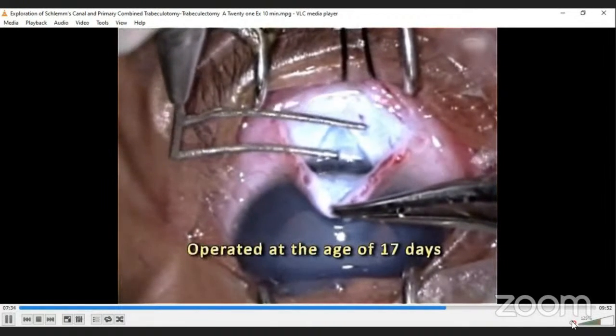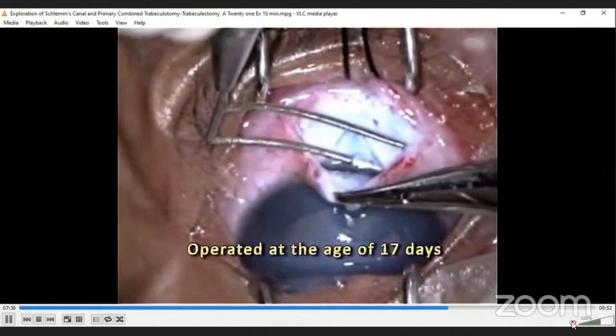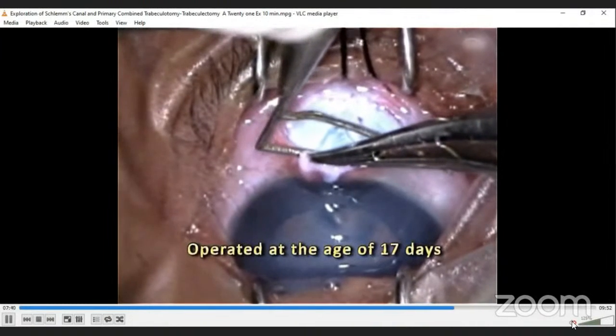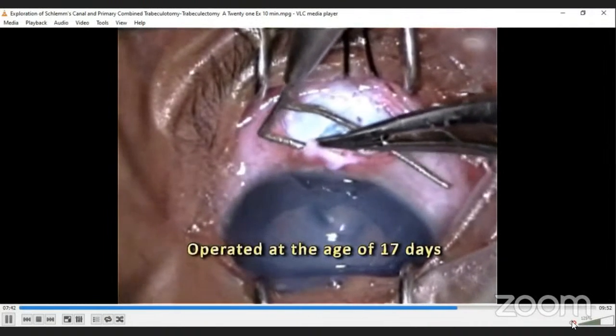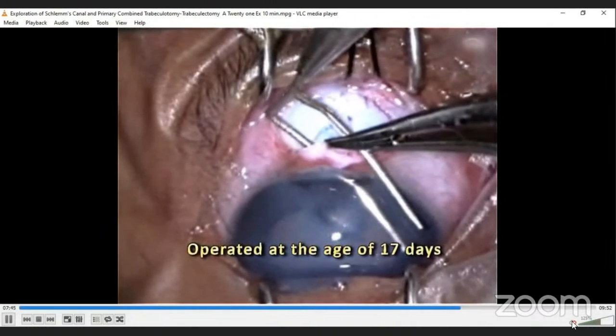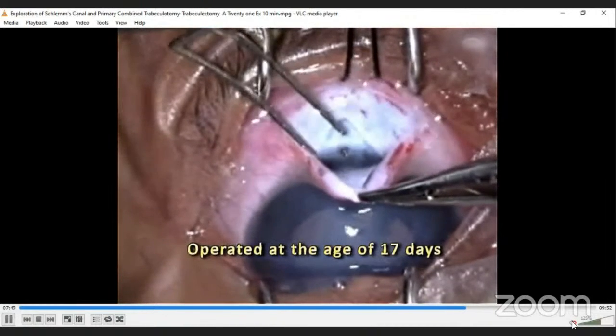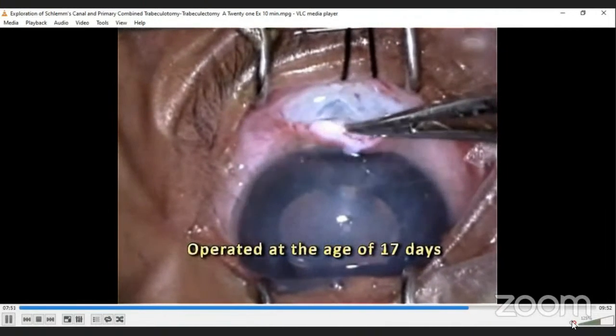Just to show the same technique once again, on a 17-day-old child, the trabeculotomy probe, the lower prong is introduced and the upper prong gives us a guide where the lower prong is, being introduced into Schlemm's canal.